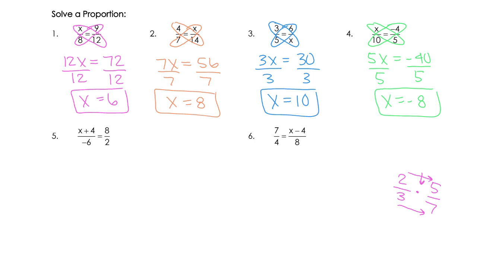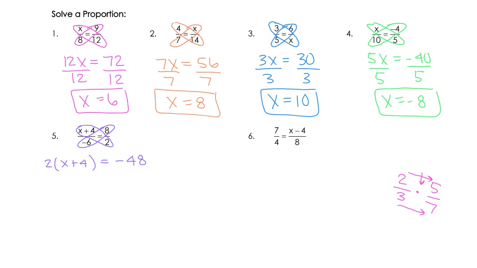Okay, on number 5 here, you'll see that we now have x plus 4 on the top of one fraction. So the x plus 4 is being multiplied by this 2 here. So instead of just putting the two things together like we have been side by side, we actually have to take that 2 and distribute it to x plus 4 and set that equal to 8 times -6 would be -48.